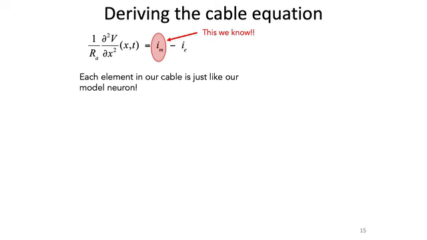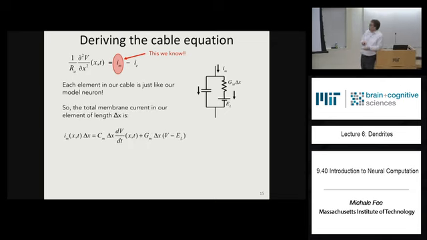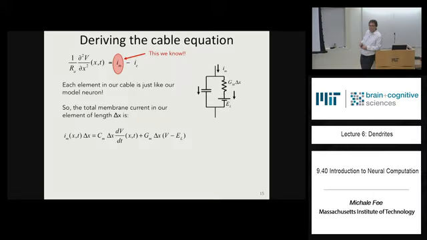Okay, so let's just plug that in. We're just going to substitute into here the current through a capacitor and the current through this conductance. Okay, that's just C dV/dt plus G times V minus EL. Okay, the capacitive part and a resistive part. Okay, now the capacitance is a little funny.